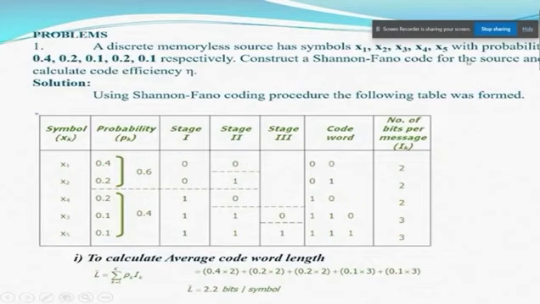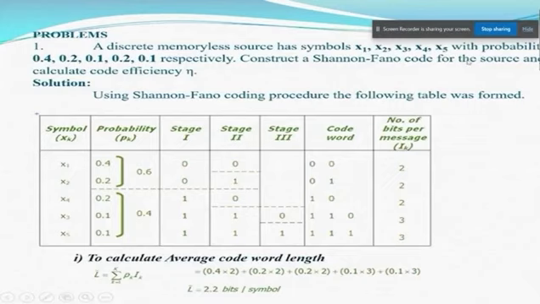By using the Shannon Fano coding procedure, we can form a table, which we can see on the screen. We arrange the probabilities in decreasing order, and by adding all these probabilities we get their sum as 1.